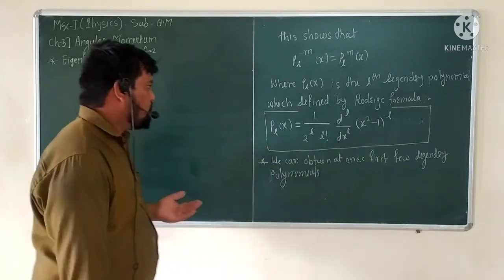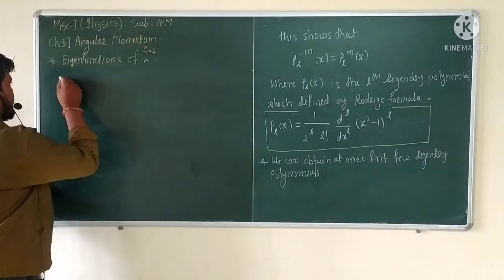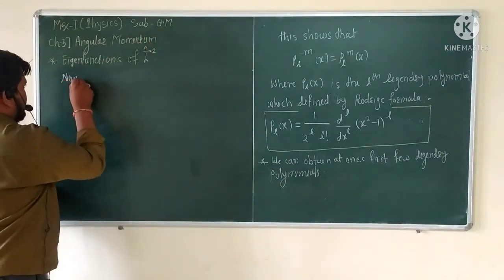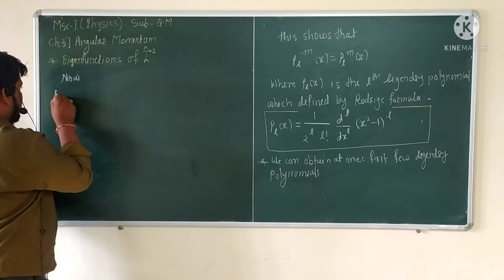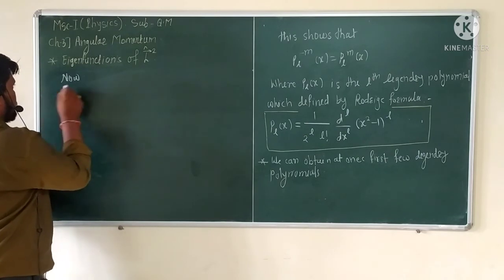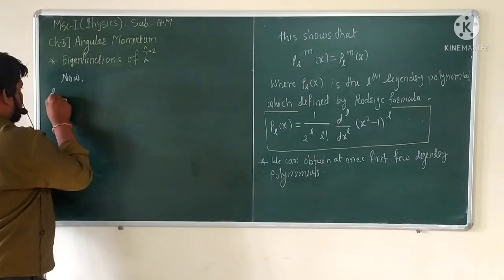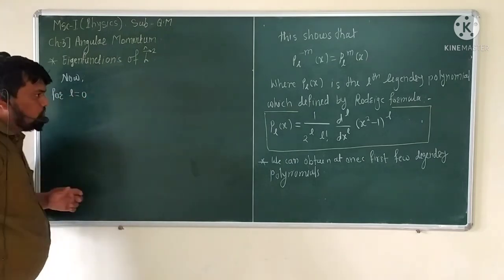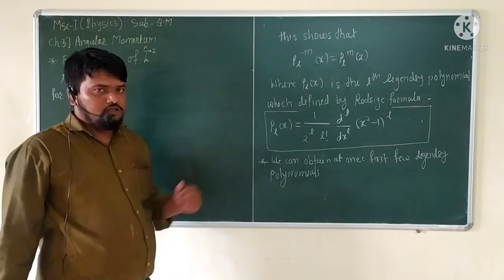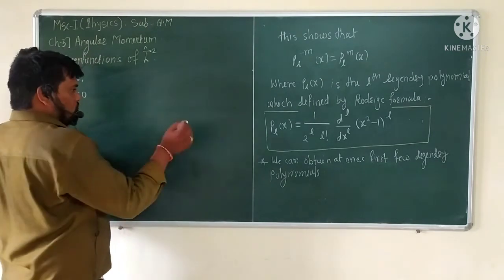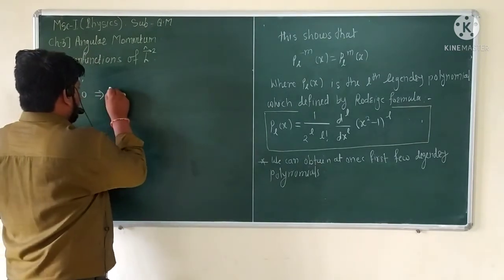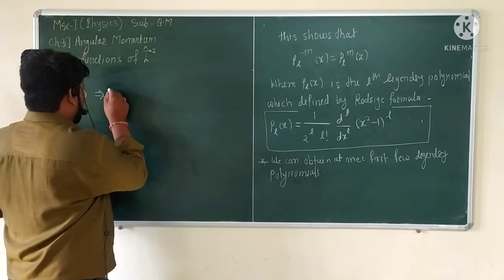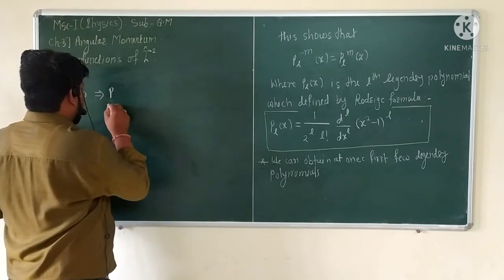Now, first of all, put l equal to 0. For l equal to 0, we want to find this first polynomial, which is the linear polynomial.